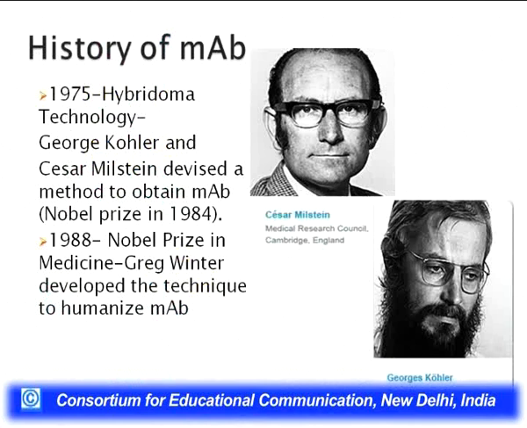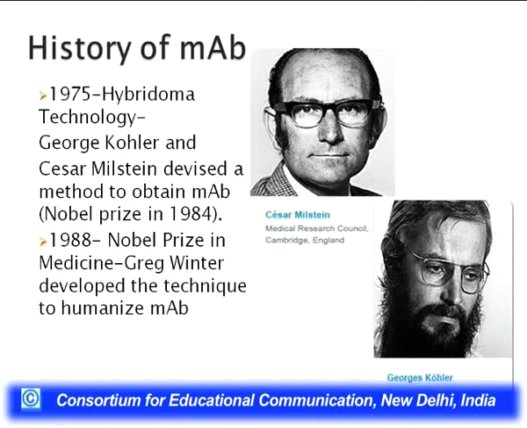Now, coming to the history of monoclonal antibodies, in 1975 the Hybridoma technology was deciphered by George Kohler and Cesar Milstein, who devised a method to obtain monoclonal antibody by Hybridoma technology. For this they received a Nobel Prize in 1984.